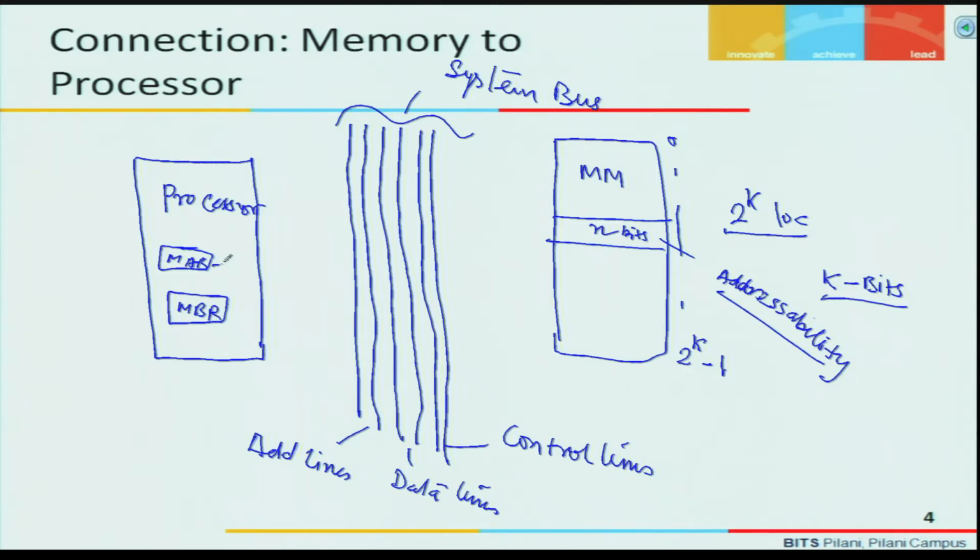Now, the MAR register is connected to the address bus. So, I am showing the connection like this. MBR is connected to the data bus, and the control signal goes from the control unit, CU, which is connected to the control lines that send the read signal or write signal as per the operation required.